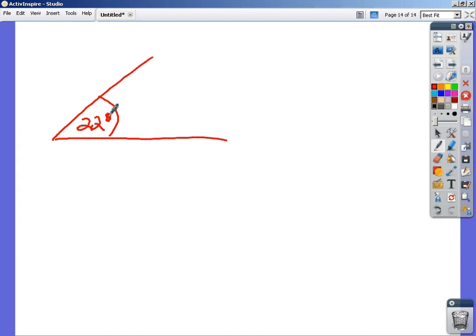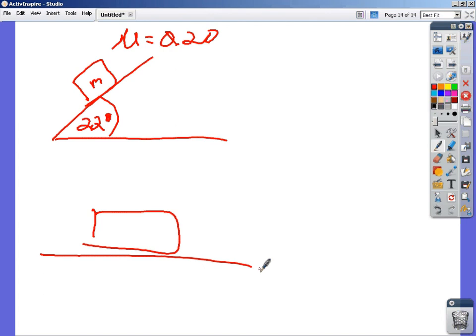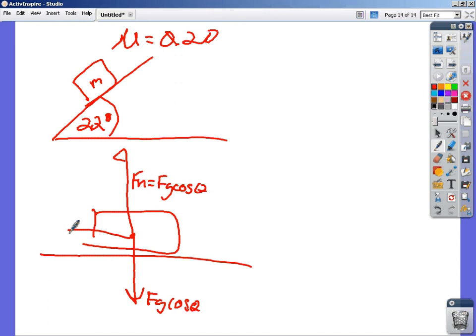Now we get a new equation. The net force on the block has to equal the sliding force, Fg sine theta, minus our frictional force, Fg cosine theta mu. Same sort of thing happens here. Net force is equal to ma, so mg sine theta minus mg cosine theta mu. All of these m's cancel, and the acceleration is independent of the mass.